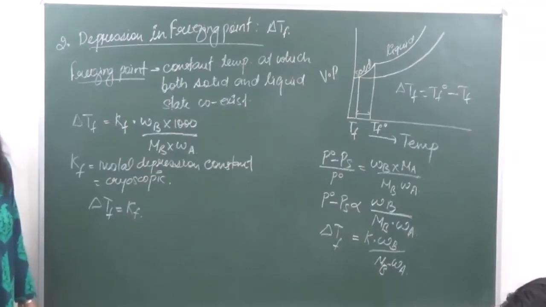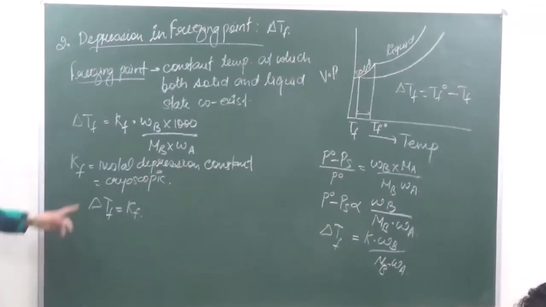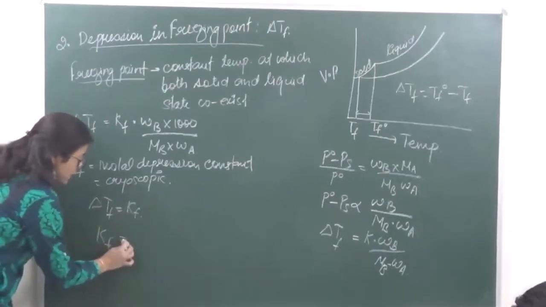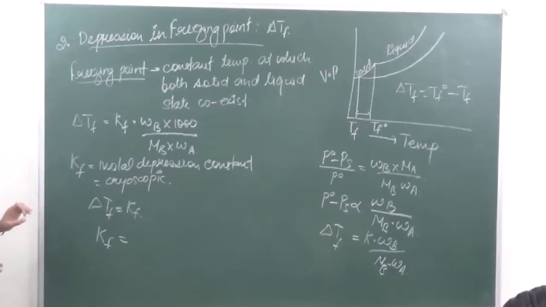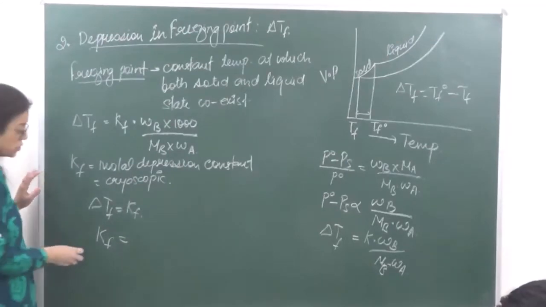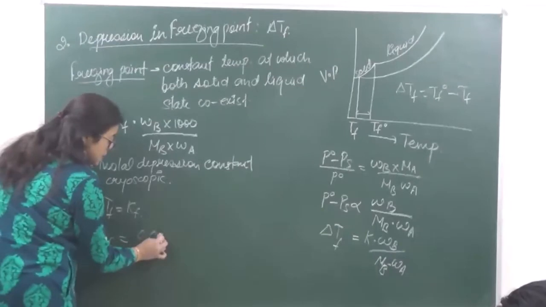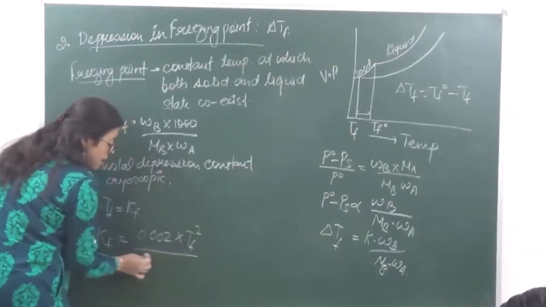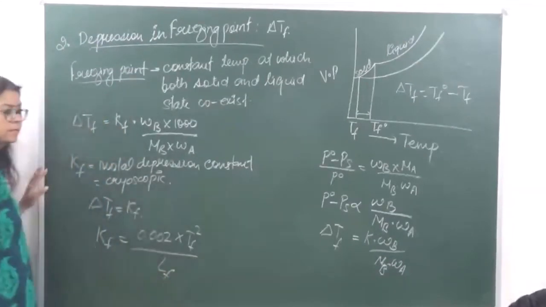Now when we are talking of depression in freezing point, Kf for different solvents is going to be different. So we can calculate Kf by the formula Kf equal to 0.002 into Tf square upon Lf.